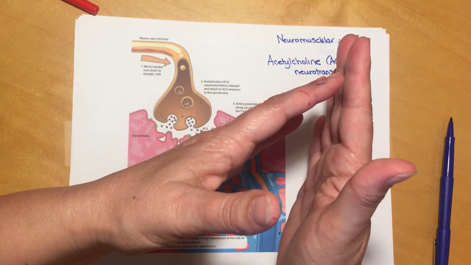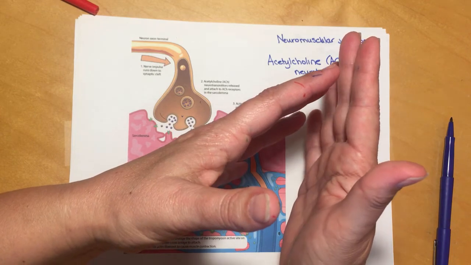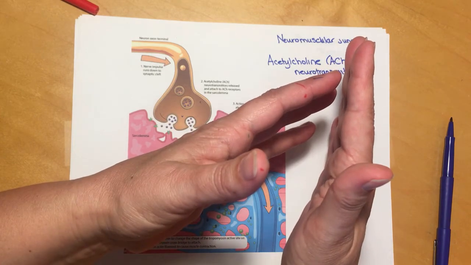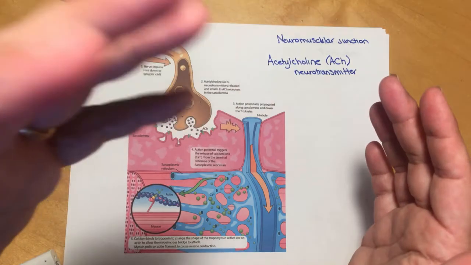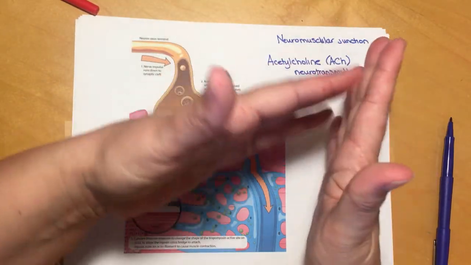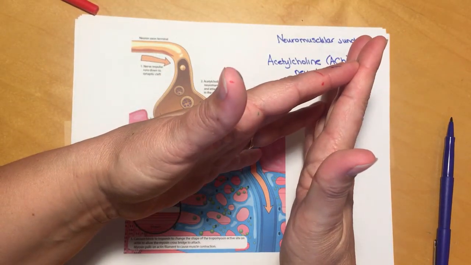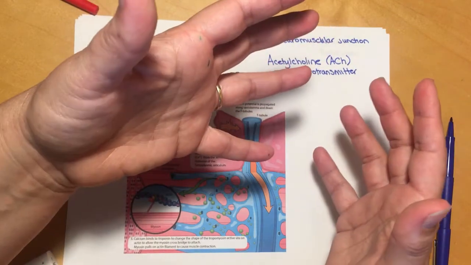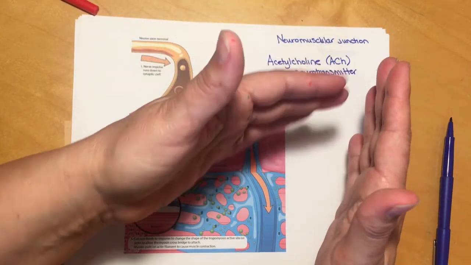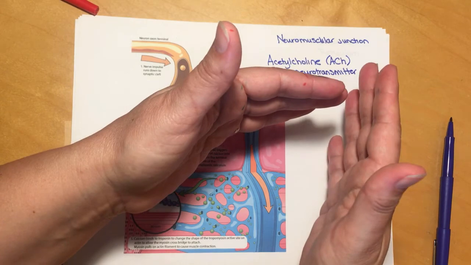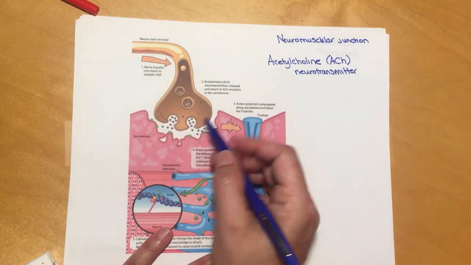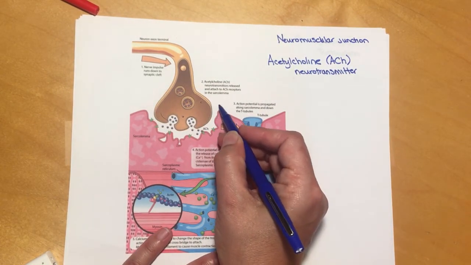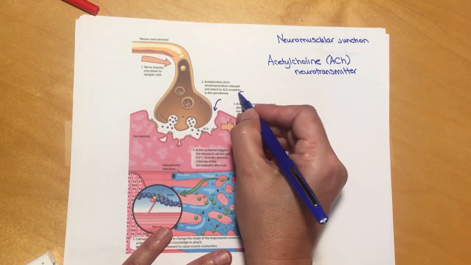The name of that space is the synapse, or the synaptic cleft. So it's a little teeny space. Because the neuron doesn't actually touch the muscle fiber, we have to have a chemical that can diffuse from the neuron to the muscle fiber. And you can see that happening right here. Right in here, that's the synapse.